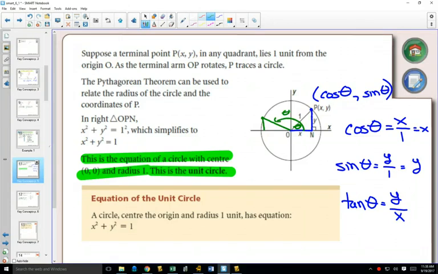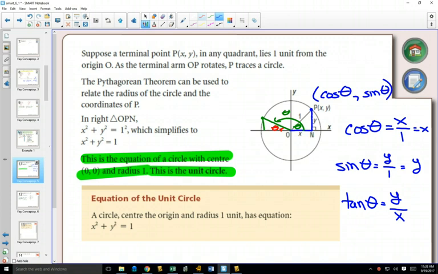Yes, because of what you've already learned about reference angles. If that's my angle theta, it makes a triangle, and there's my reference angle. And now I still have the opposite side here and the adjacent side that make that triangle. They still make an x and a y. Cos theta and sine theta still are x and y.